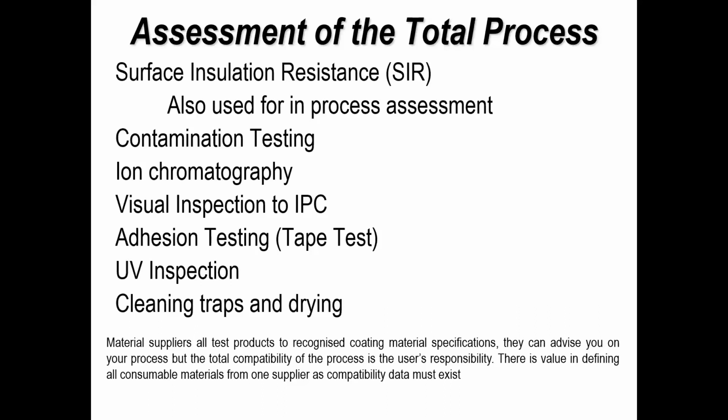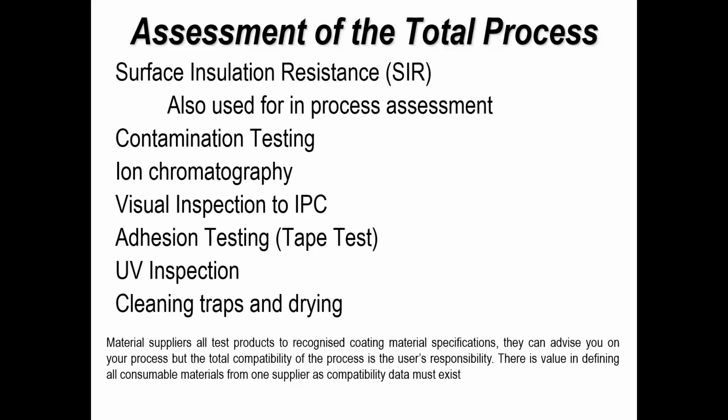And to allow you to do that, you'll be able to read in more detail, and this is far too big a subject to go into today, look at using SIR, surface insulation resistance, where you measure the change in performance of a board assembly before and after coating, and when you expose it to a moisture environment.